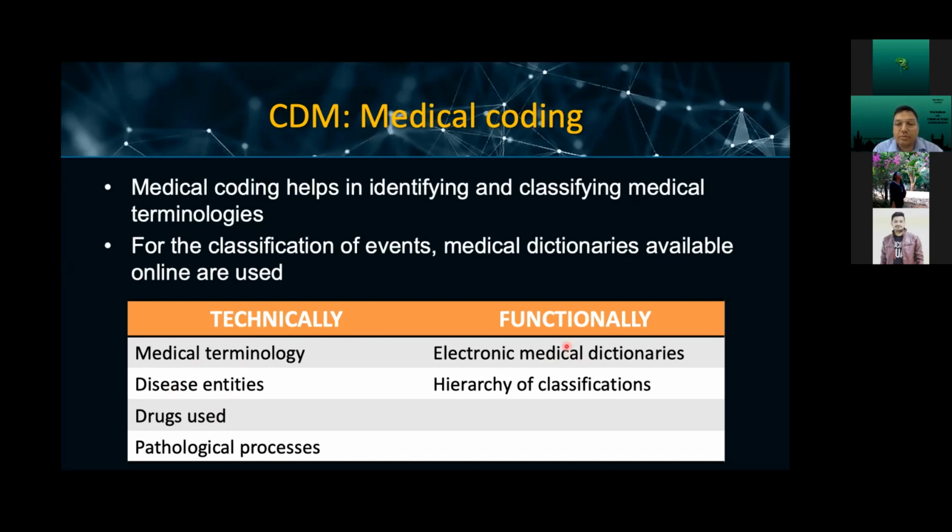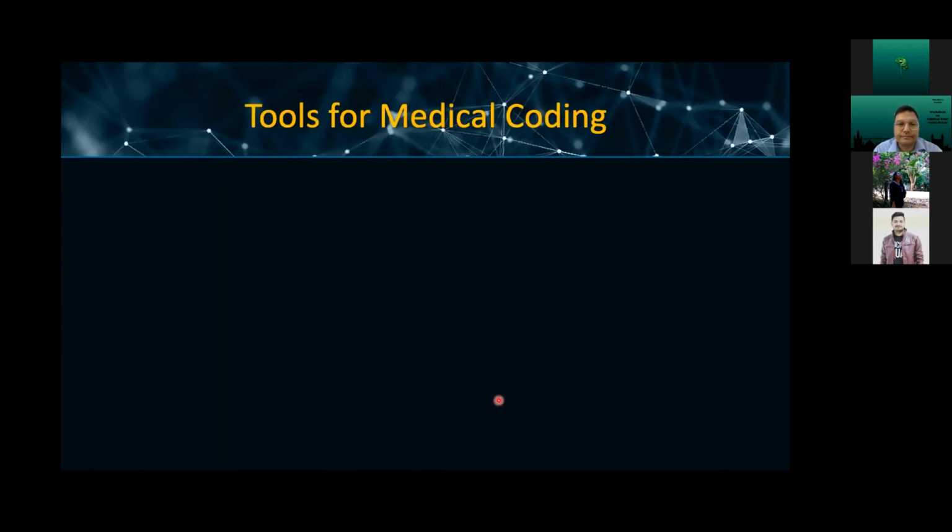Then they should be functionally capable with electronic medical dictionaries. They should be able to understand the medical dictionaries, and they should be able to understand the hierarchy of the classification of these different disease systems or the different treatment systems.